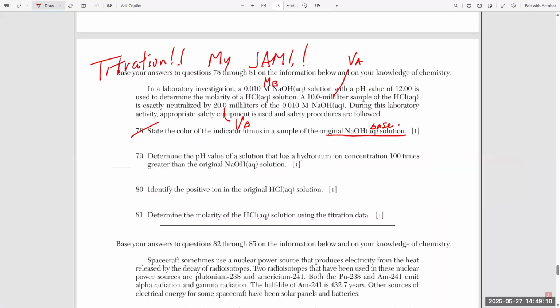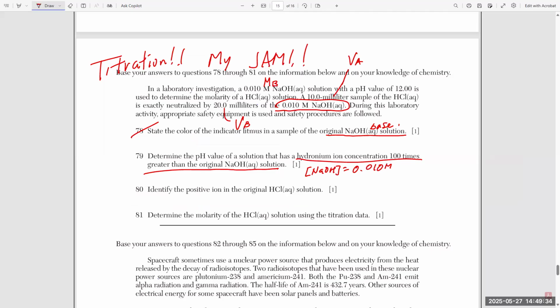79. Determine the pH value of the solution that has hydronium ion concentration 100 times greater than the original NaOH solution, right? So there's two ways to solve it. The more involved way is what? The concentration of the NaOH equals 0.010 molar.